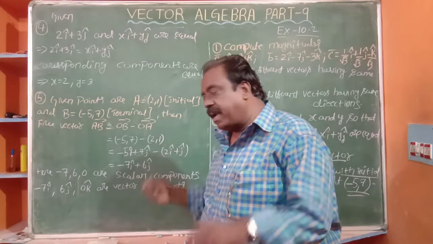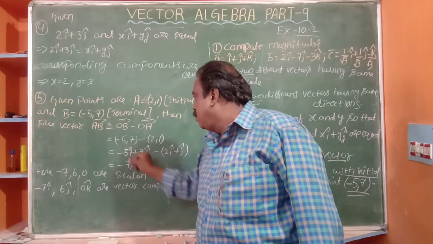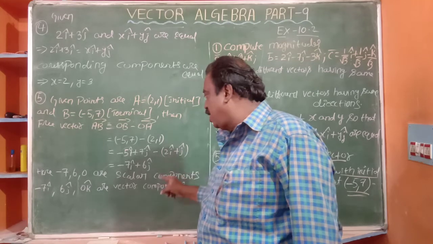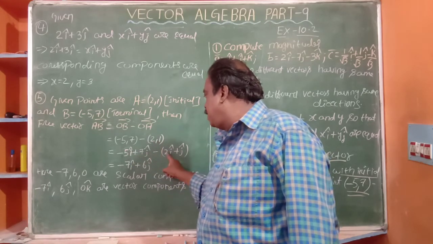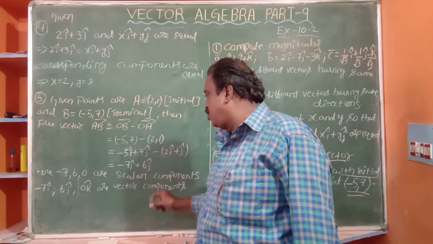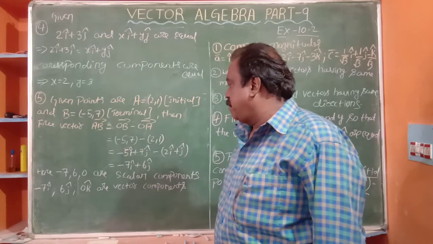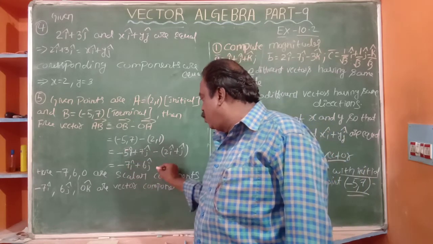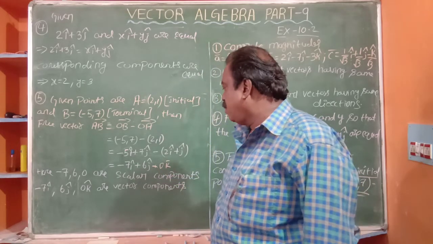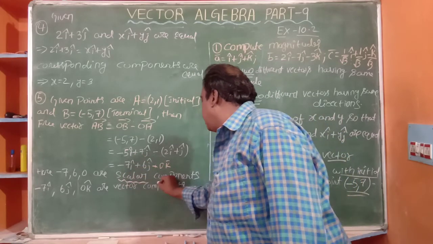What is 5, 7? 5i plus 7j minus of 2i plus j. 5i minus 2i is 3i... 7j minus j is 6j. So the vector is 3i plus 6j. Here the scalar components are the coefficients, with 0 for k cap since there is no k term. Okay? These are the scalar components.